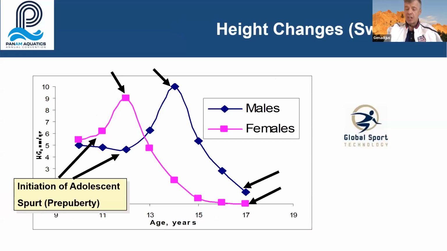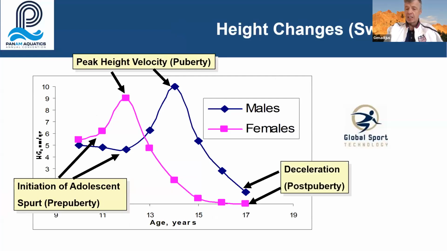And if you look at height changes, height change is a great parameter that you can track to see biological maturation. In fact, we have a height change calculator in the Talent ID and development database, which allows you to look at puberty and detect exactly what phase of puberty swimmers are in.